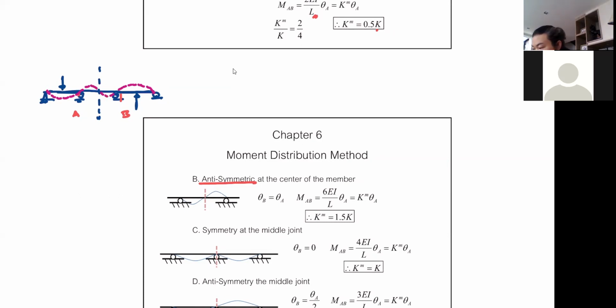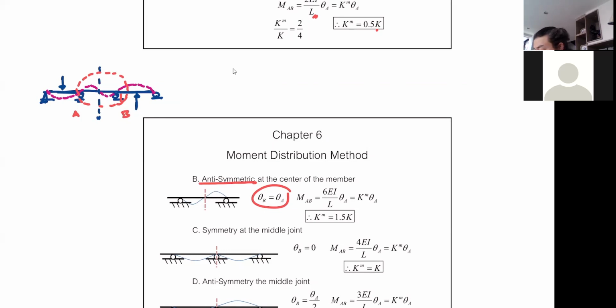And from this, we can now say zeta A is equal to zeta B here. They now rotate in the same direction. You can imagine that you are going to create a double curvature in the span.